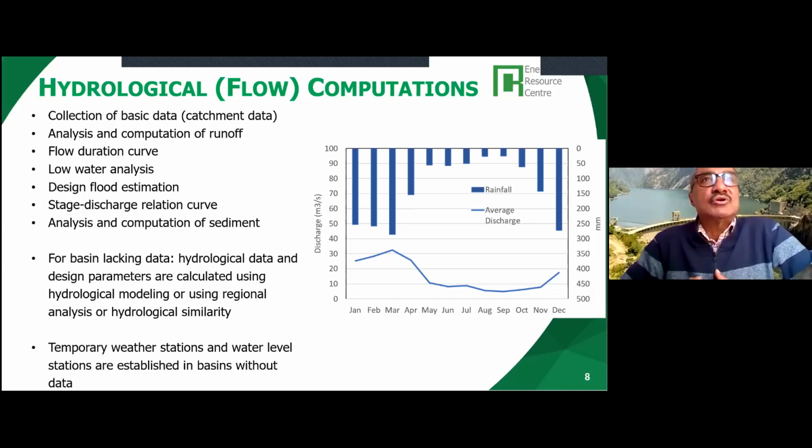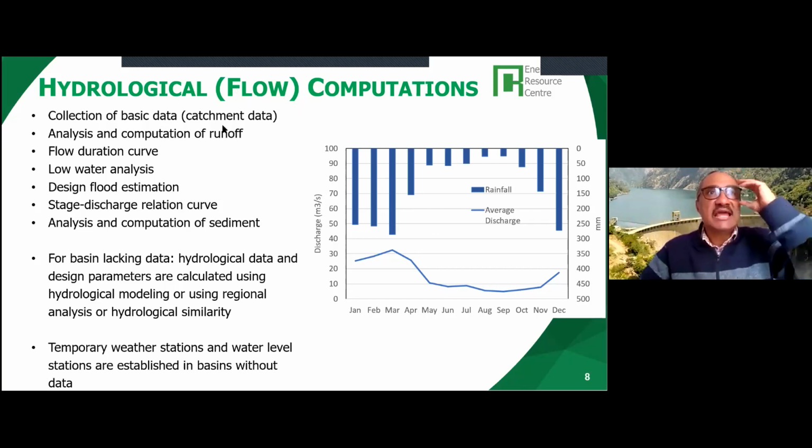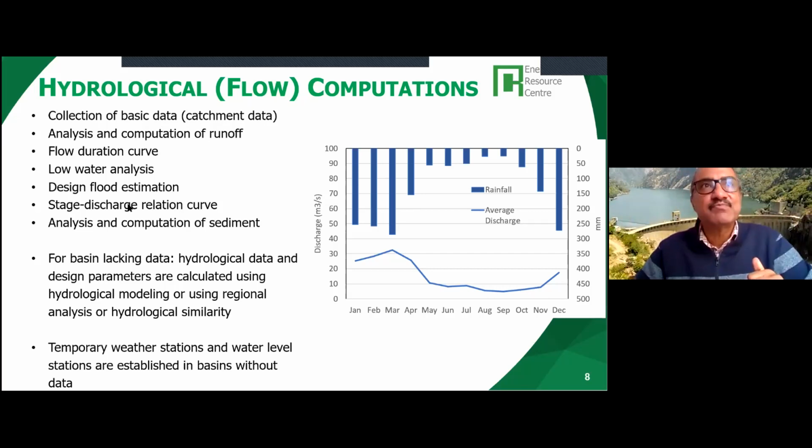Basically, I want to now go over the key hydrological computations that will be required for the design of mini hydros and even small and larger hydros. First, as I mentioned, you have to collect data at the catchment, the whole area. Then you have to get the runoff data or discharge data.